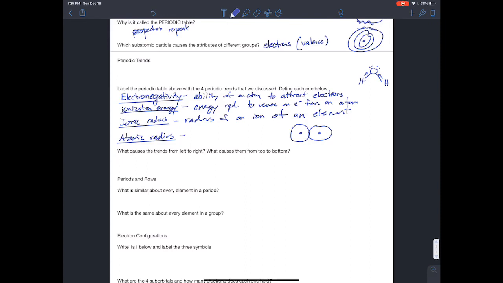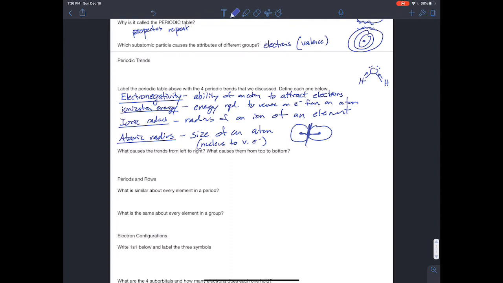So if we have 2 of the same atom bonded together, we can assume that half of this distance is where their valence electrons are, therefore the size of a single atom. Atomic radius is basically just the size of an atom from nucleus to valence electrons. Okay, so those are the definitions.